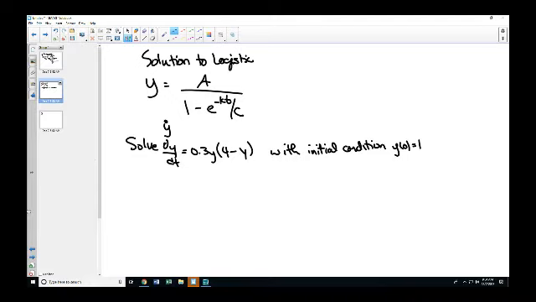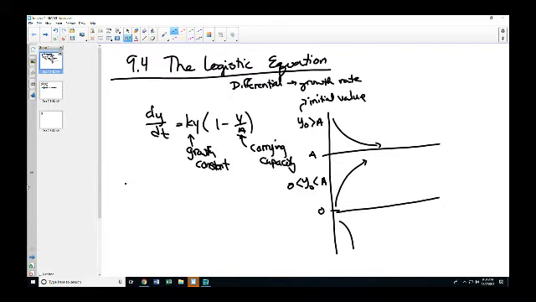Okay, solve dy/dt = 0.3y times (4 minus y) with initial condition y(0) = 1. Is that formatted like the logistic equation? Keeping in mind you have to have a 1 here.